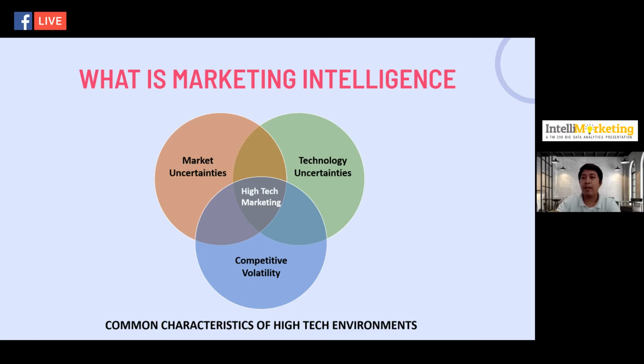Actually, as technology managers, it's really important that we understand the characteristics of high-tech markets, especially these days. We all know that first, there is high market uncertainty, wherein the needs now may not be the needs tomorrow. There is also high technology uncertainty, wherein we need to be aware of the discontinuities and any future technological breakthroughs that will happen in society.